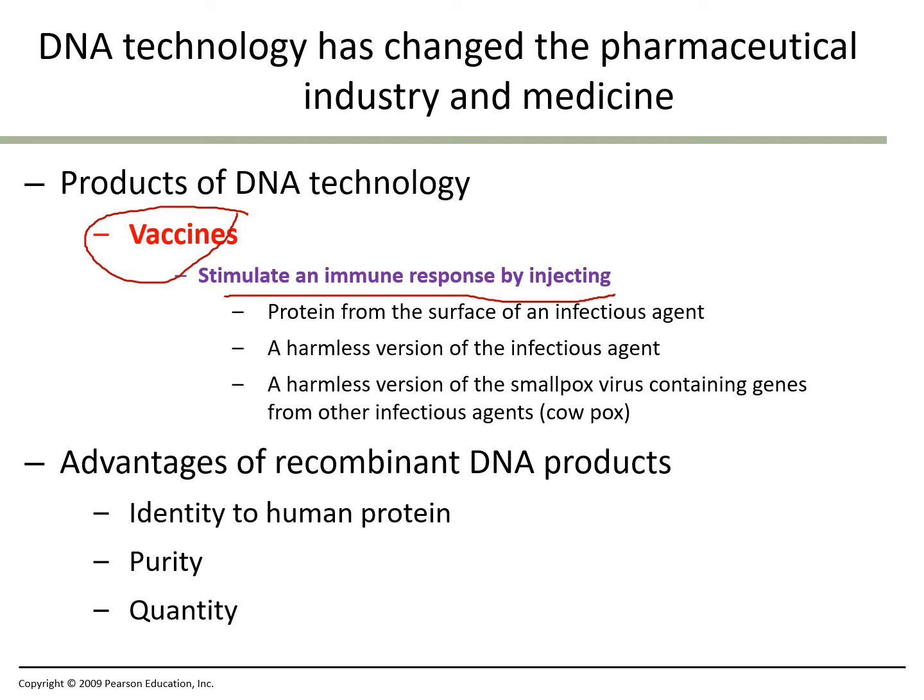The overall advantages of recombinant products are you can get a human protein, good purity, good quantity, and less expensive as well, of course. Anytime you have something in larger quantities that can be produced quickly, it's going to be less expensive than the old ways of doing it.